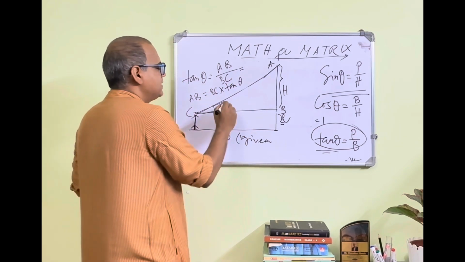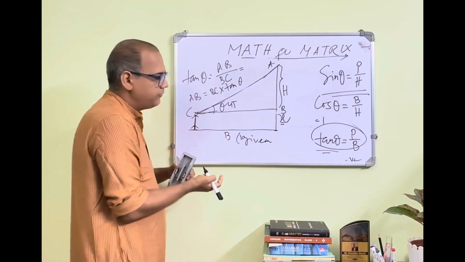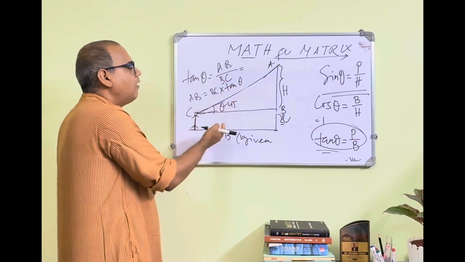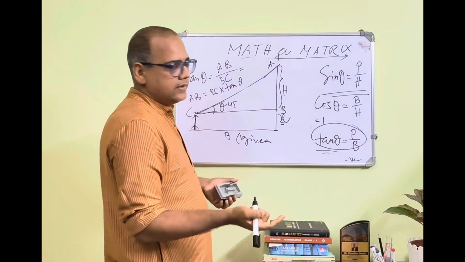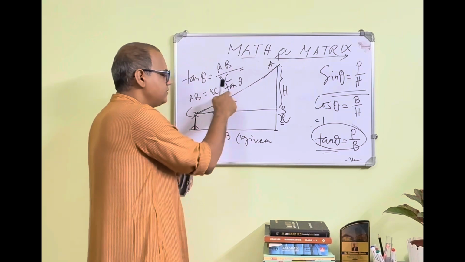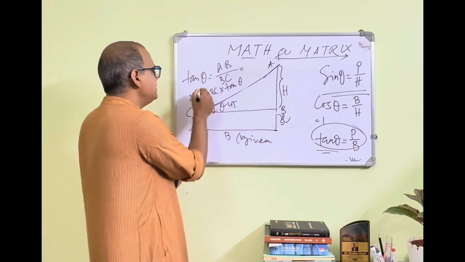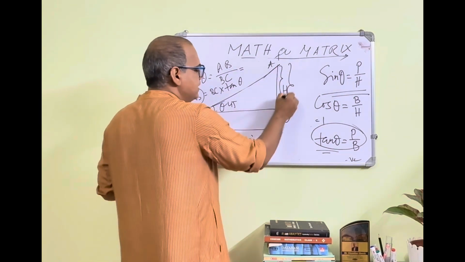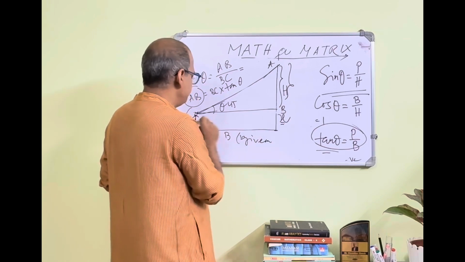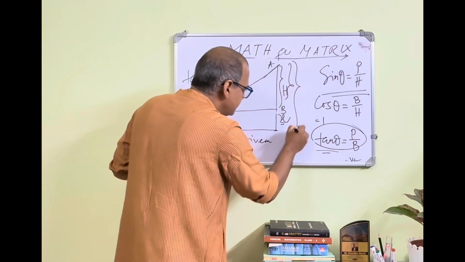So if it's, let's say, 45 degree, you know the value of tan 45 degree is 1, or any value, let's say tan 30 is given. You know the value of this, you know BC, you can easily calculate AB. If you get this, simply add the height of the person, and you'll get the height of the Burj Khalifa.